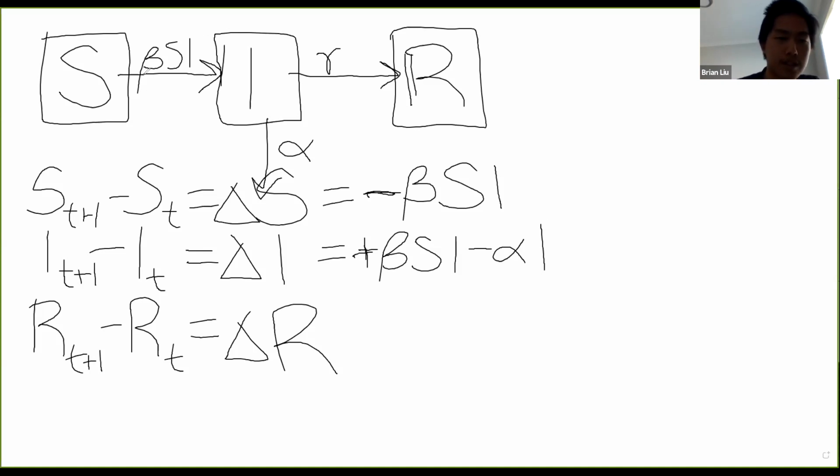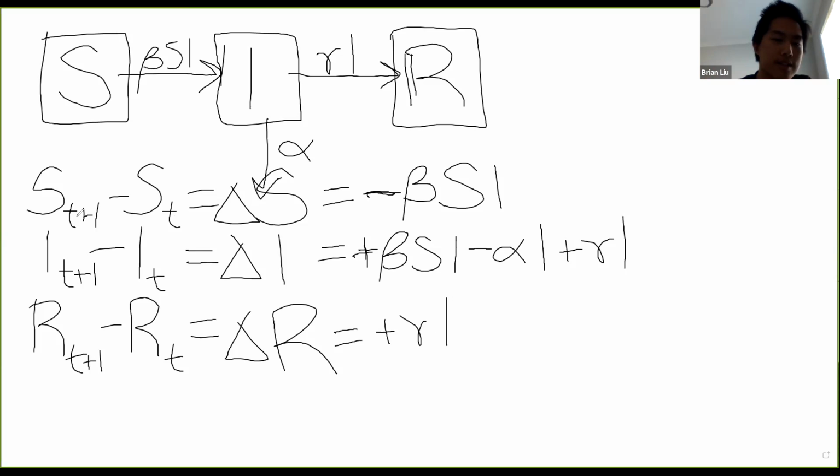So beta is the transmission rate, alpha is the mortality rate, and gamma is the recovery rate. If gamma times I people recover, then we have plus gamma I. These people go from being infected to being recovered, and the number of people recovered also increases by gamma I.